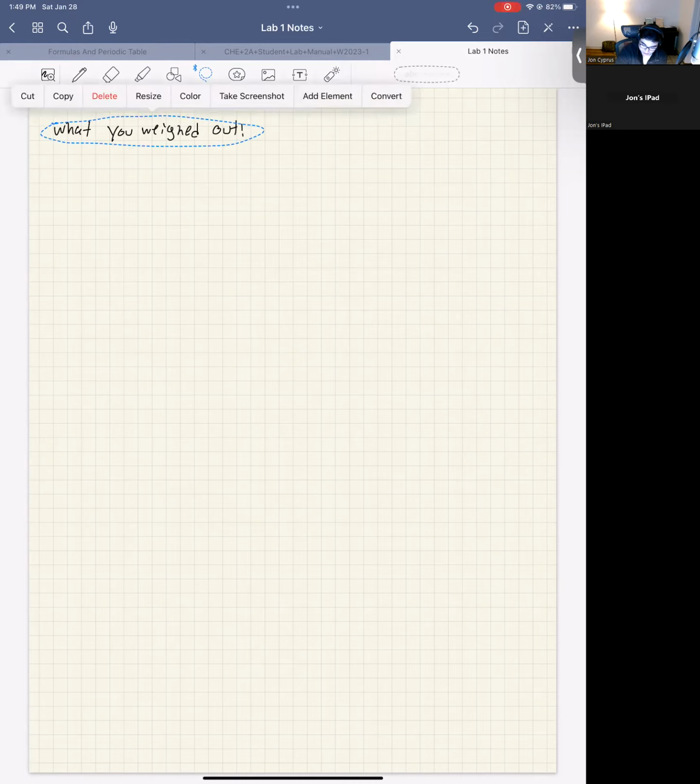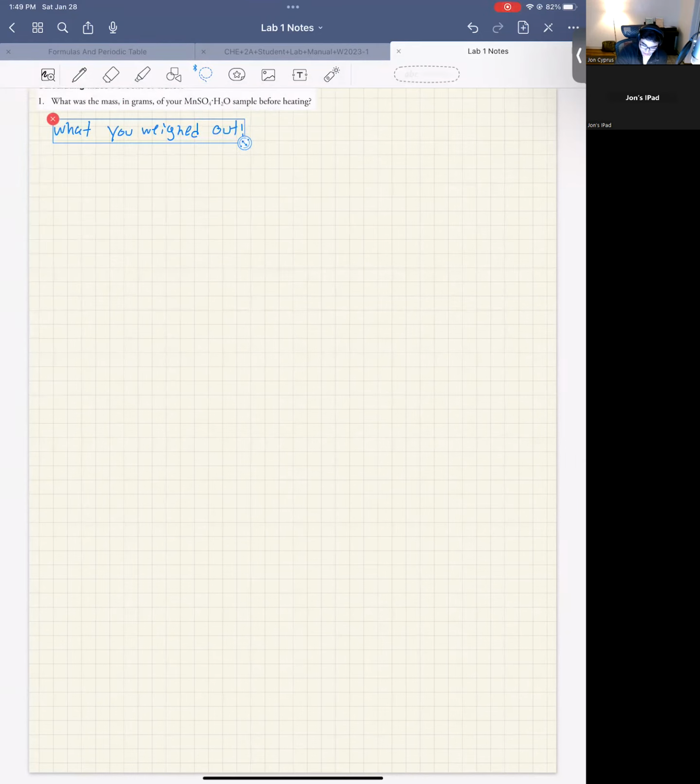So let's say I weighed out 1.123 grams of MnSO4. So this is my number, making it up. It'd be whatever you have. So that is what you weighed out into the weighing boat.